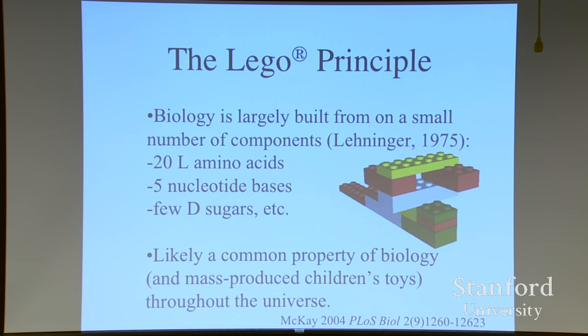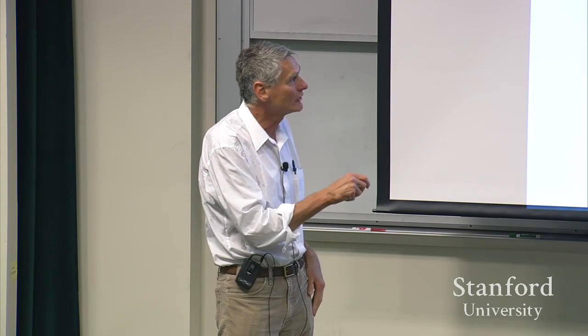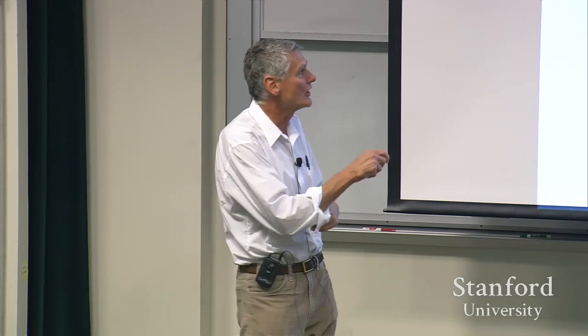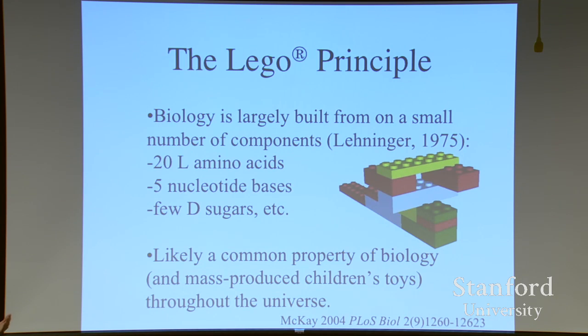Darwinian evolution will push life toward this parsimonious utilization of certain molecules. It'll be more efficient because each one of these molecules that you use, you've got to control and produce and stock up and so on. Your body's got to process all these amino acids. If you had 100 amino acids instead of 20, you've got a bigger problem. Right? So you don't want to have to deal with too many constituents.